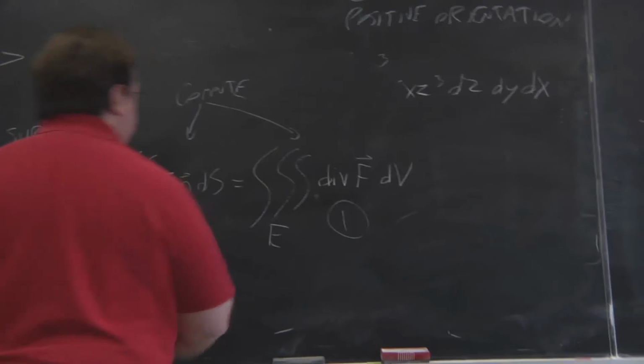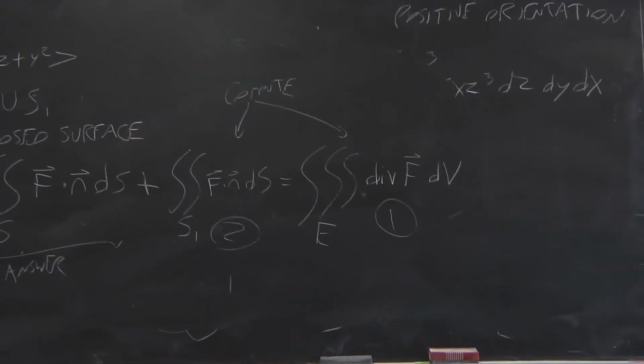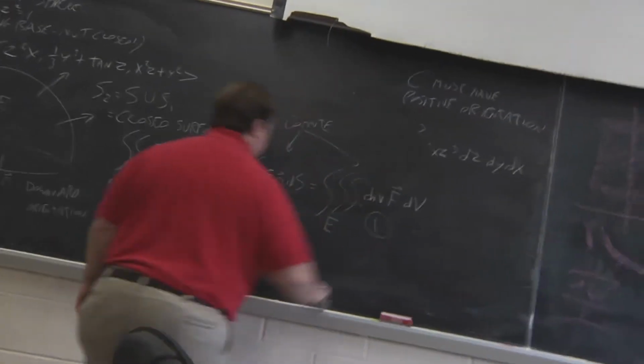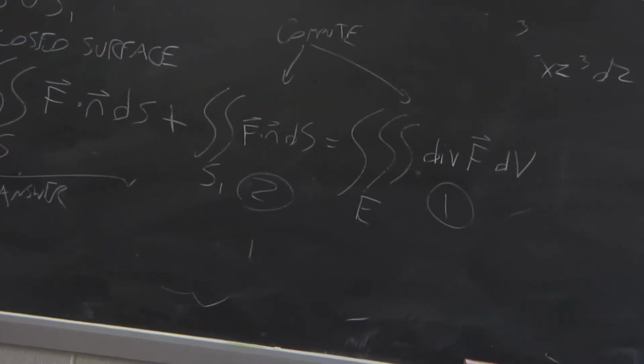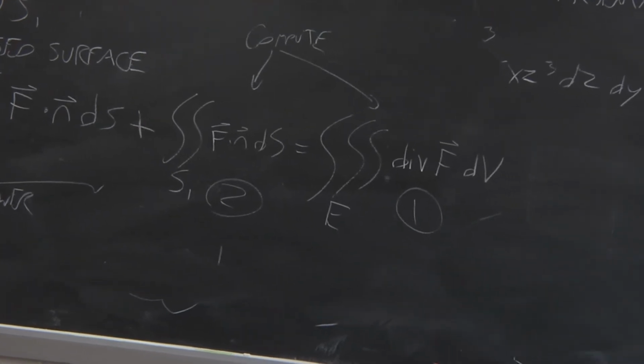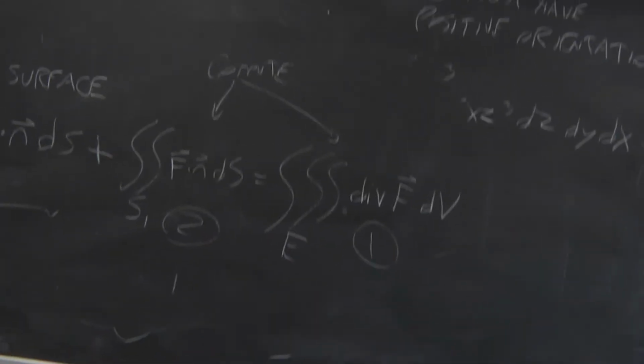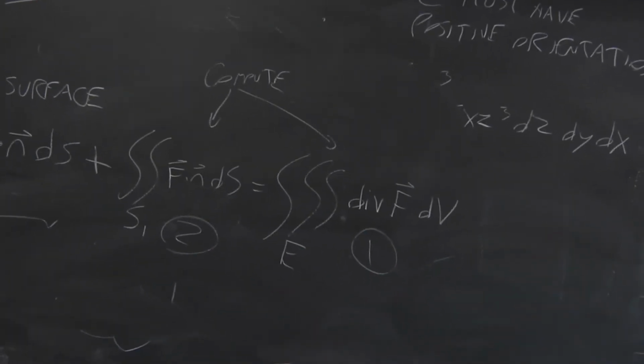Then we'll go ahead and do this. And then we'll combine them to get what we're really looking at. So our answer is going to be integral number 1 minus integral number 2. Questions before I need to erase this?